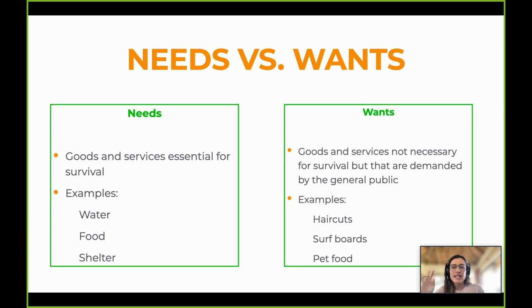Needs are goods and services essential for survival. We need water, we need food, we need shelter, and to an extent, we need clothing. Those are things that we need. We cannot live without them.